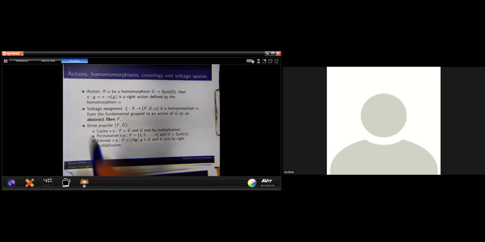So just a little bit of theory of actions. What is an action? An action can be understood in this way. Take a homomorphism from a group into a symmetric group acting on some set omega.